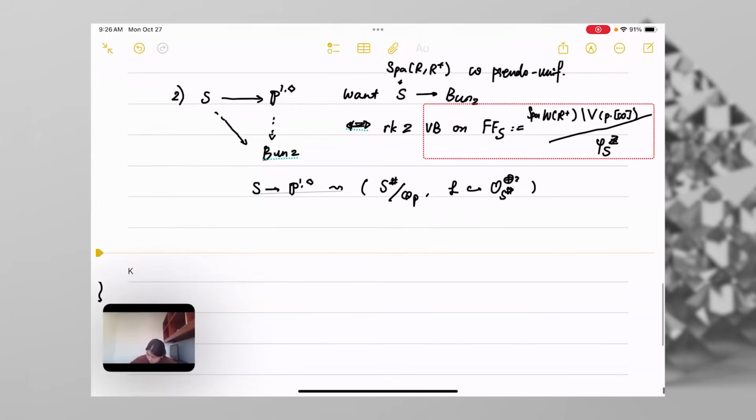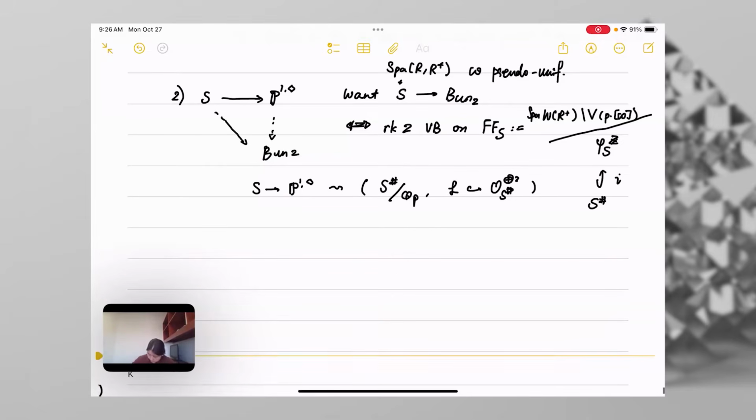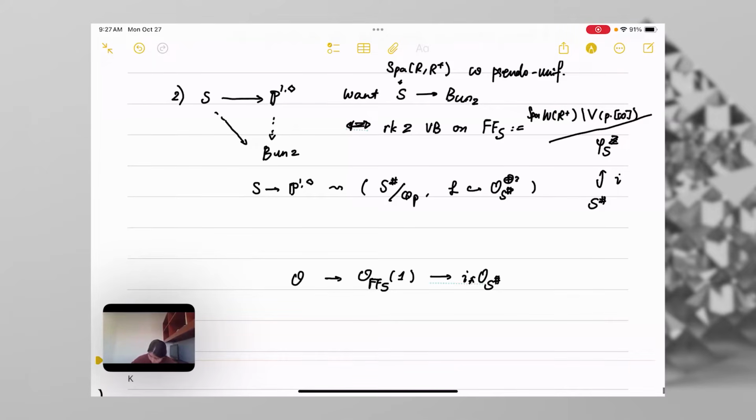Then using this and the fact that this untilt defines a closed Cartier divisor on the Fargues-Fontaine curve of degree 1, this Cartier divisor corresponds to a line bundle on the Fargues-Fontaine curve, and for which we have a short exact sequence given by the structure sheaf mapping to this line bundle, which we call O(1), and then to the structure sheaf of this untilt.